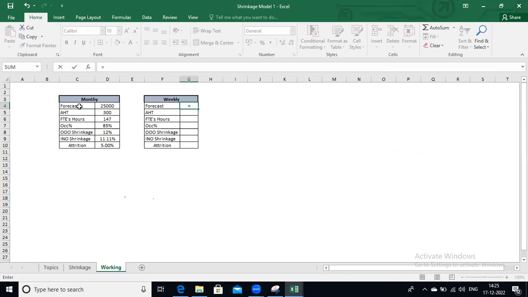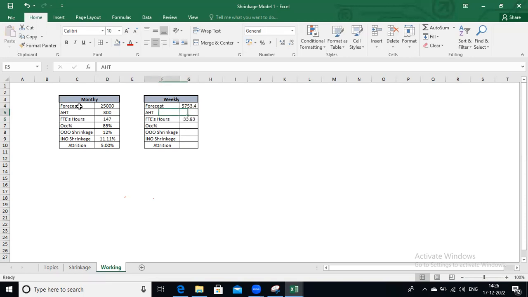So what we will do, we will multiply by 12. We'll take it in year, then we'll divide by 365. We'll get value of 1 day, and then again we will multiply by 7. So we'll get the weekly forecasted calls, and again same logic will apply in FTE hours as well.